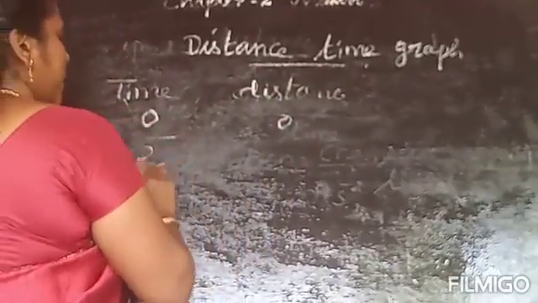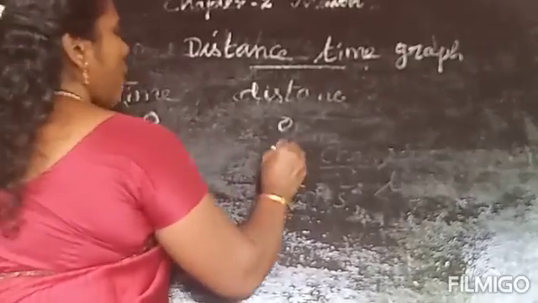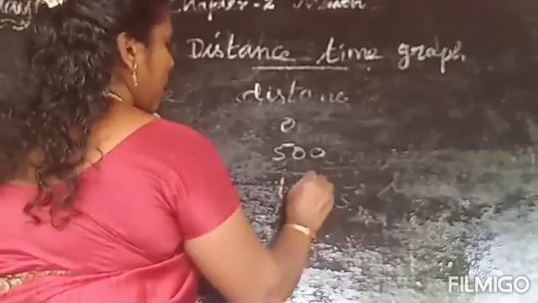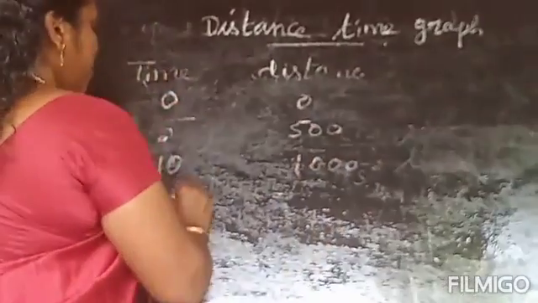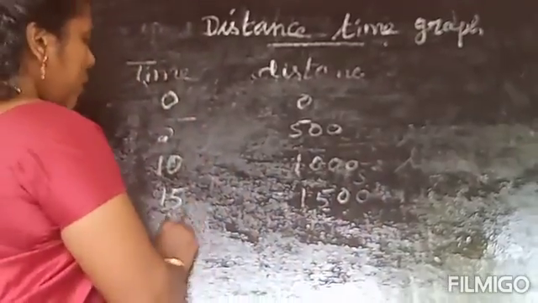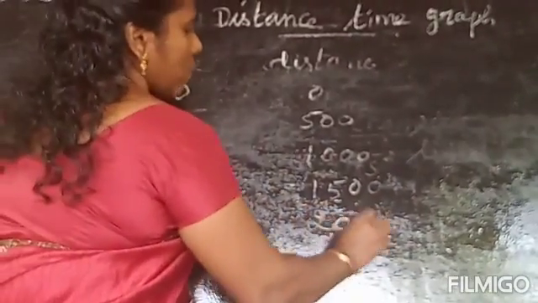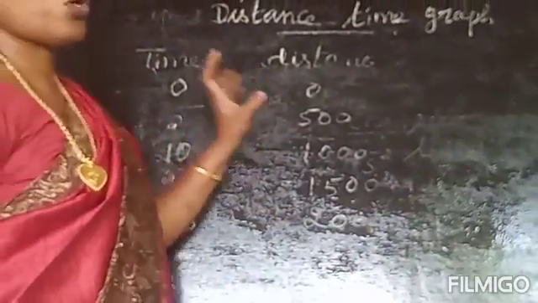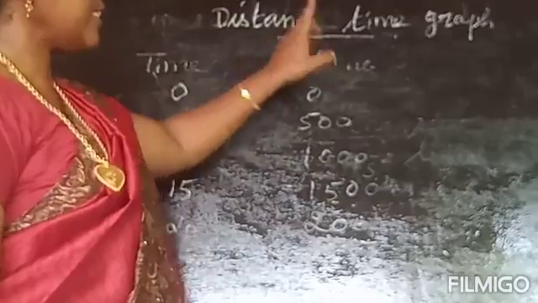At 5 minutes, 500 kilometer. At 10 minutes, 1000 kilometer. At 15 minutes, 1500 kilometer. At 20 minutes, 2000 kilometer. By using these values, we are going to draw a distance time graph.